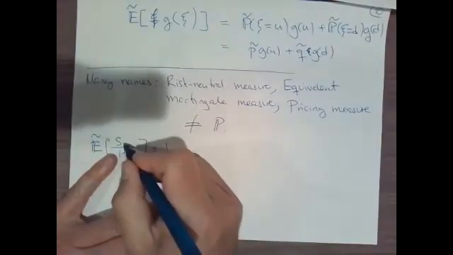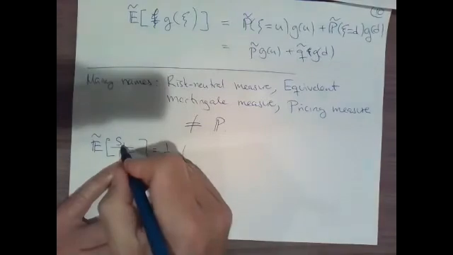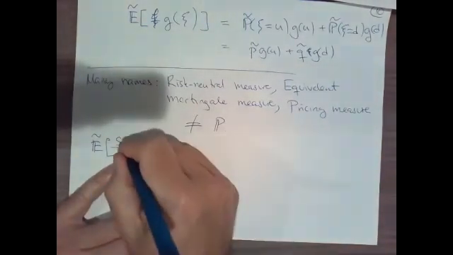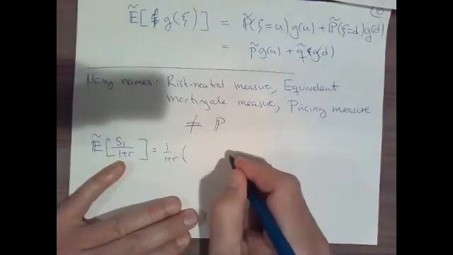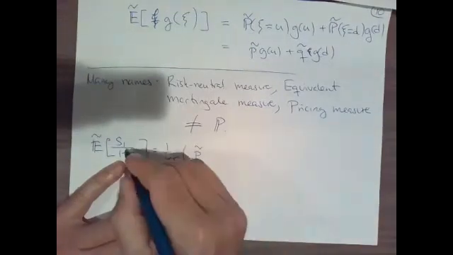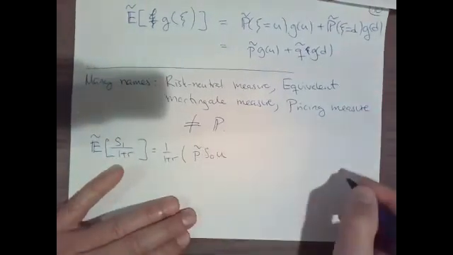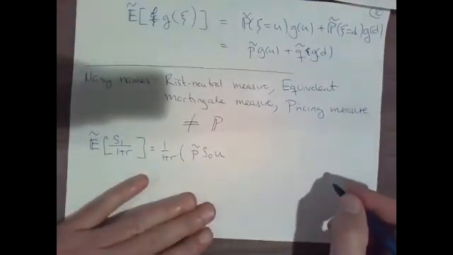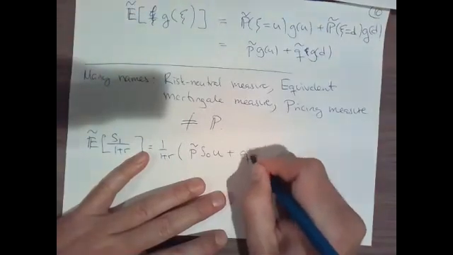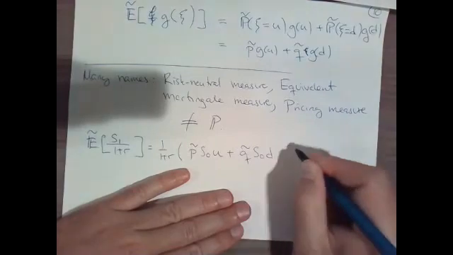Then we have S1. The expectation of S1 will be P tilde times S0 times U, plus Q tilde times S0 times D, the down value.